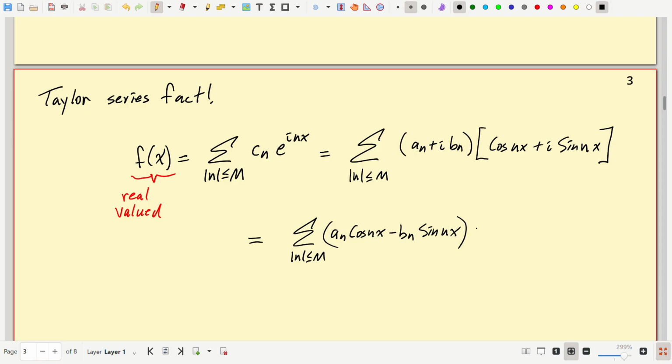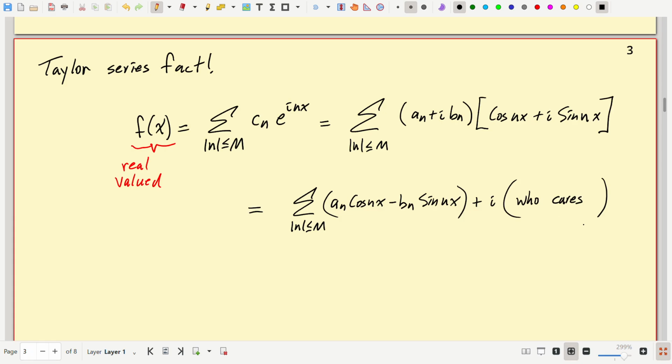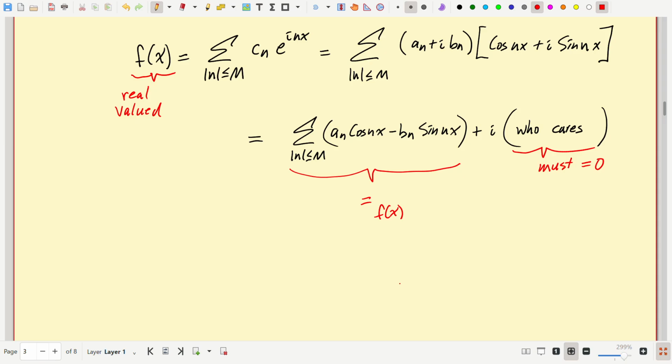That's the real part, and then I'd get an imaginary part, which I don't care about. Because the left-hand side is real, the imaginary part must equal 0, and we see that the real part must equal f of x. Of course, that's only true on minus pi to pi.